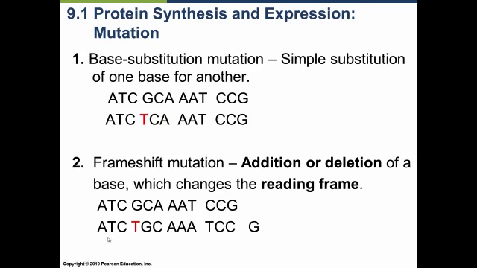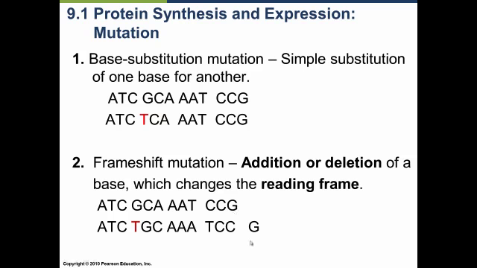Now, when the mutation occurs, we insert one thymine, a single base, into the DNA. So now we read ATC, but instead of reading GCA, we read TGC. And then that means that each codon after that is changed. AAT is supposed to be a codon, but now that equivalent codon is AAA. The next one is supposed to be CCG, but now it's TCC.